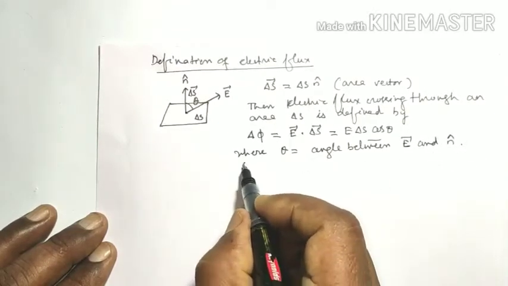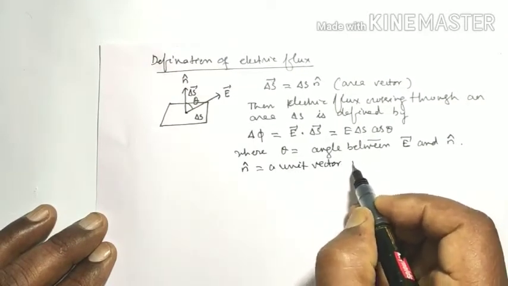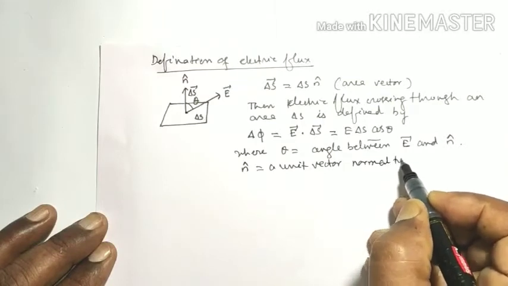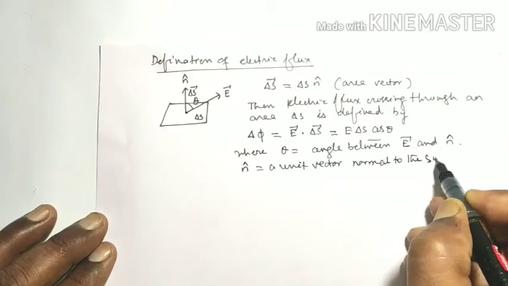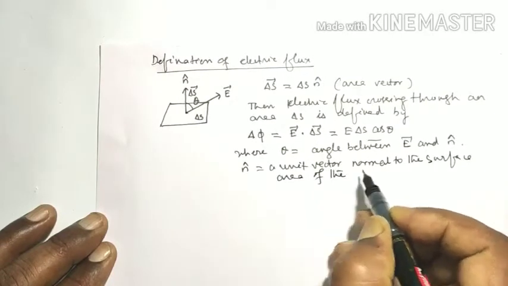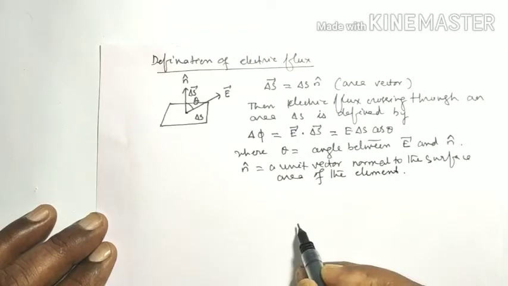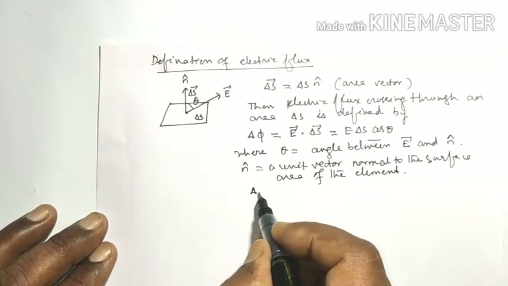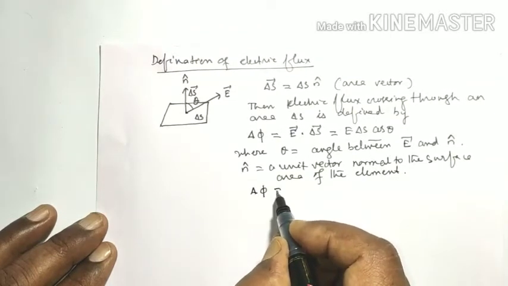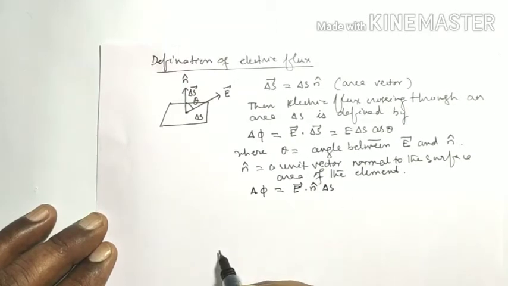Here n cap is a unit vector normal to the surface area of the element, which is plane. We can write delta phi, that is E dot n cap into delta S also.